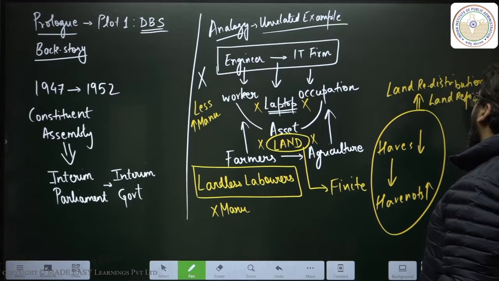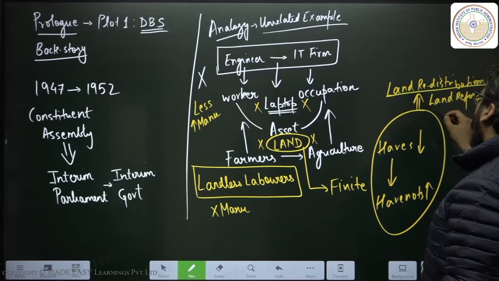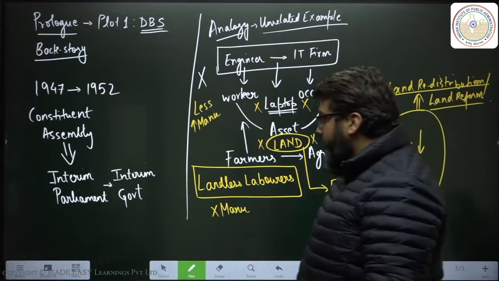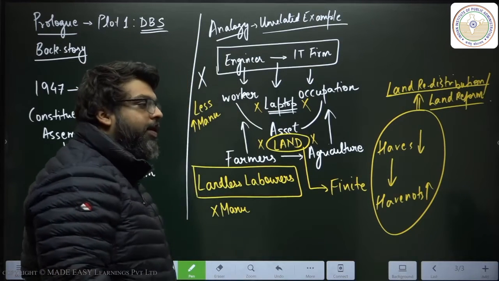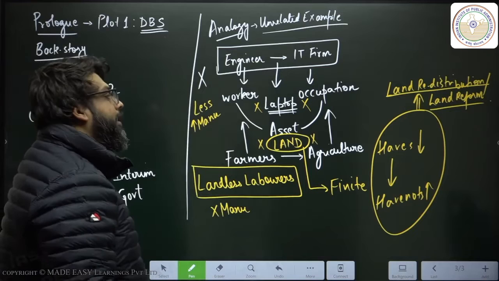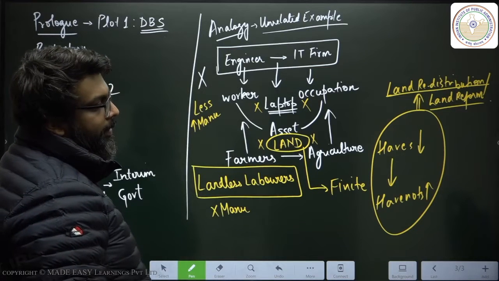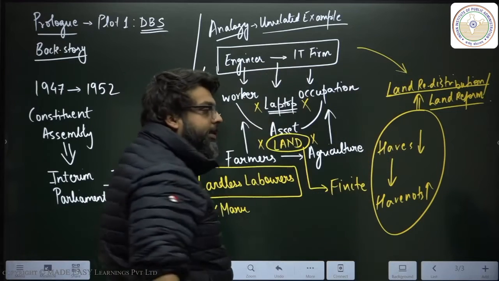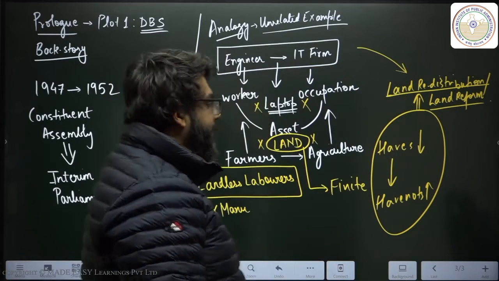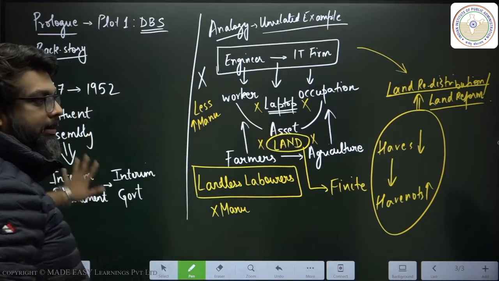Land redistribution or land reform. Clear? So, it was one of our first and primary problems that we had to solve. This had to be the immediate attention of the new-to-office policymakers in these years.